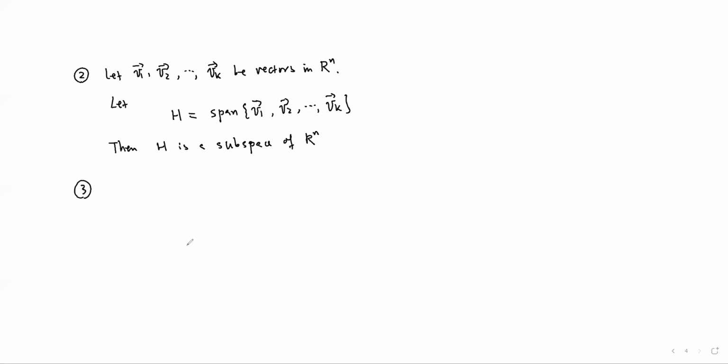Number 3. This example is an example about a set that is not a subspace. A line. Let me denote the line by L, not through the origin of R^n.